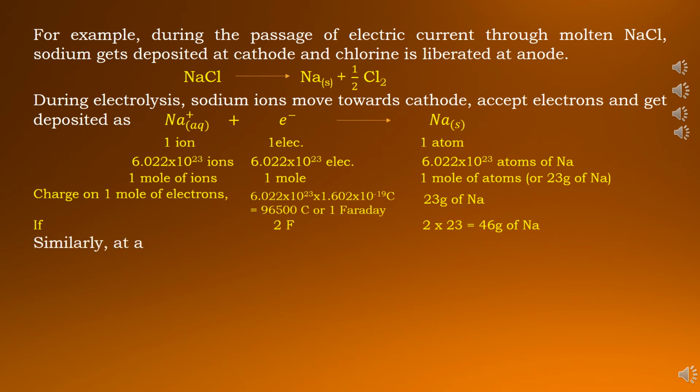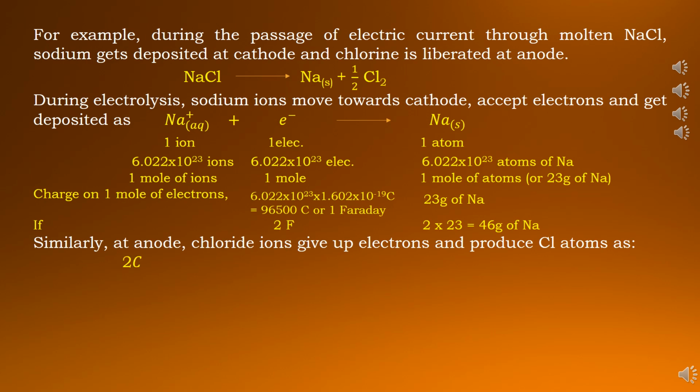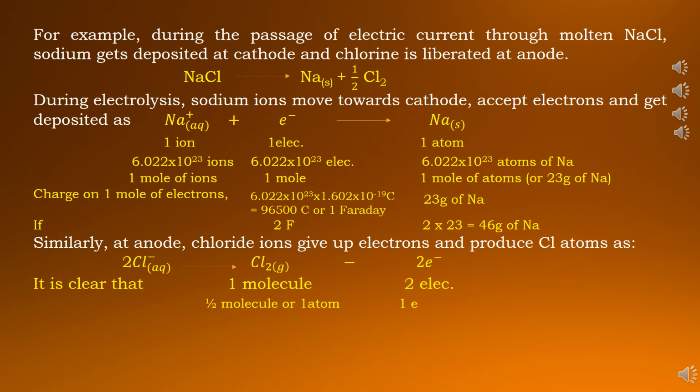Similarly, at the anode, chloride ions give up electrons and produce chlorine, as 2Cl⁻ (aq) changes to Cl₂ gas by losing 2 electrons. So it is clear that one molecule of chlorine gas is produced by 2 electrons, or half a molecule of chlorine, or one atom, is evolved by losing 1 electron.